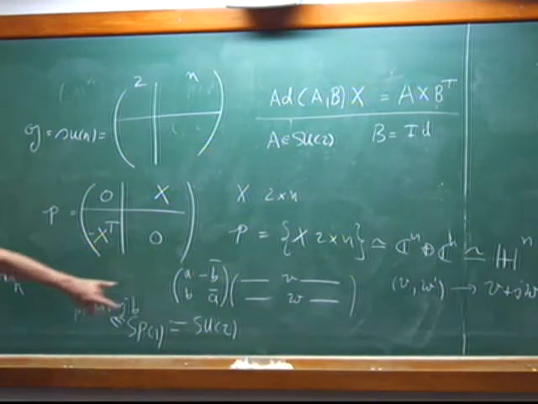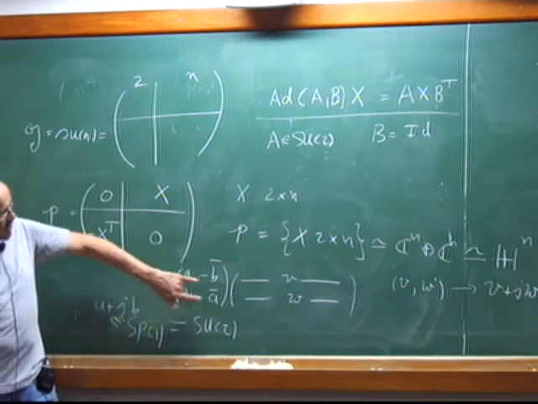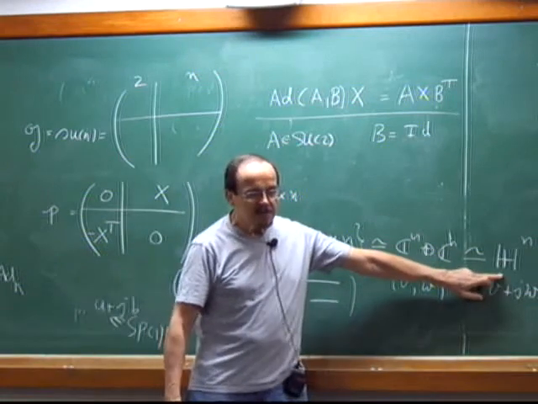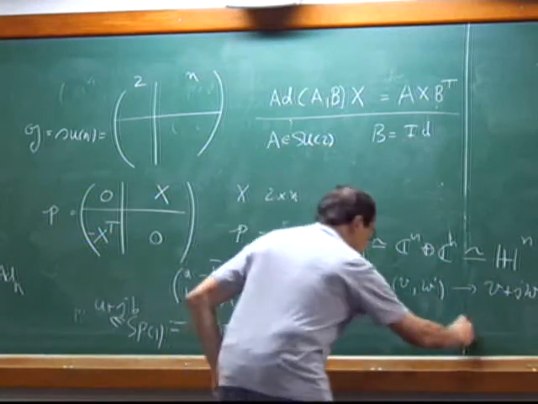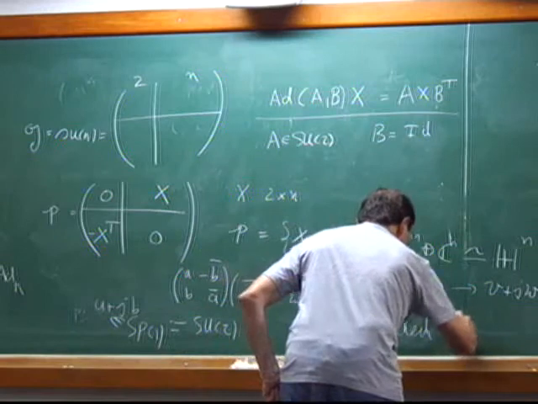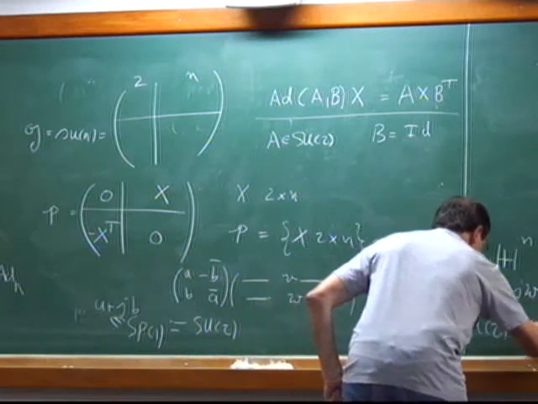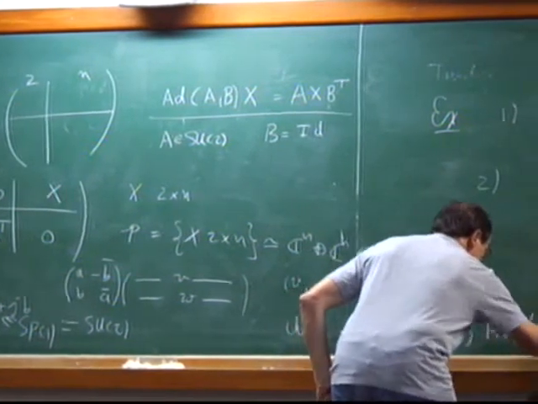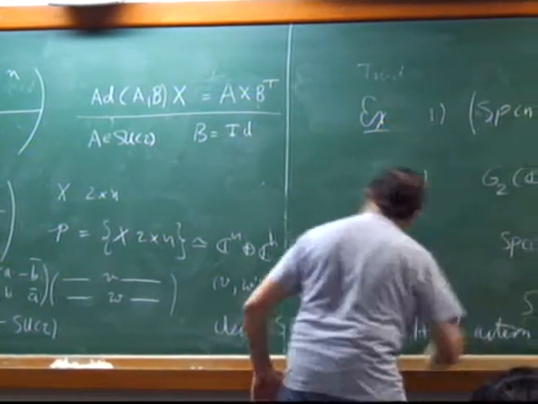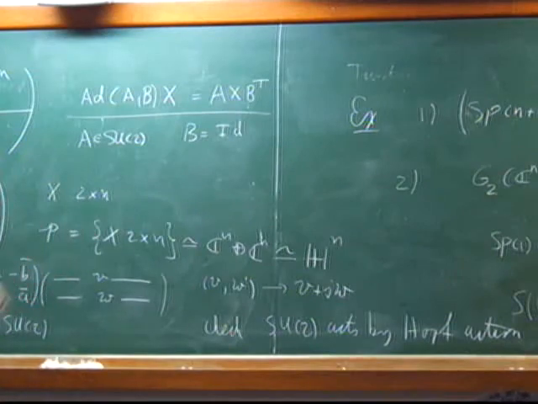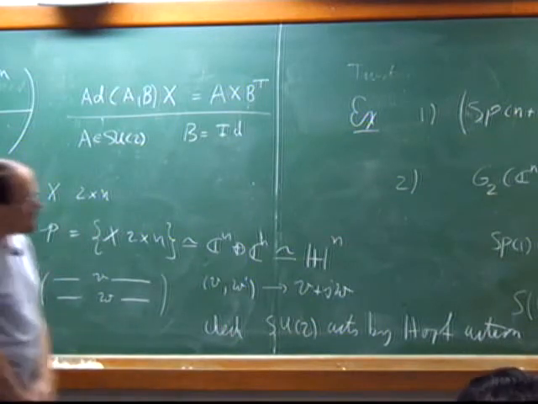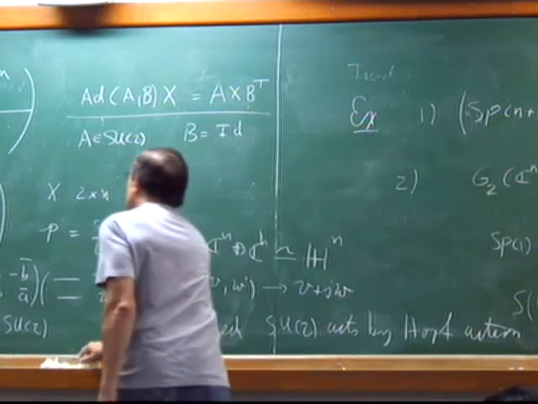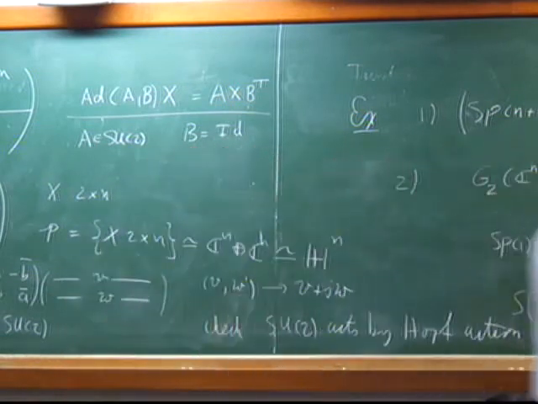So now I can write out how this element acts on this matrix X, or translate it on Hn. And now you can check, in this computation we've done before, that SU2 acts by the Hopf action. So that additional check I have to make, just because the SU2 is a factor in here, that's not sufficient. You have to also see how it acts in the tangent space. So that's one space. What's another example?